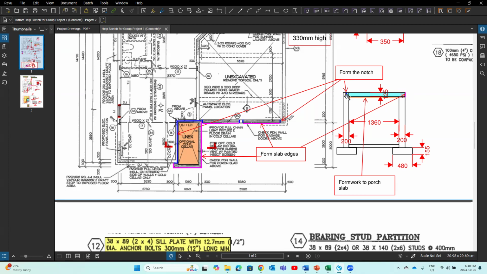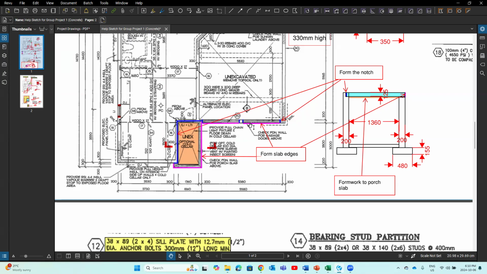Understand that? When we build this foundation wall, we need to build this foundation wall in this shape. We need a piece of foam here. And this formwork, only when we pour the concrete slab, we need this formwork. If I show this formwork under foundation plan, it looks like this. The length would be like this, right? We would measure by the length. So we also need to think about here, we have a drop on the foundation wall, right? We put the two pieces of foam there, right, on the foundation wall. And for the slab, when we pour the concrete slab it goes on top of the foundation wall.